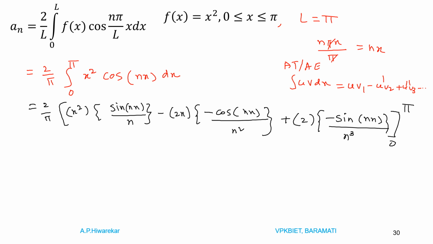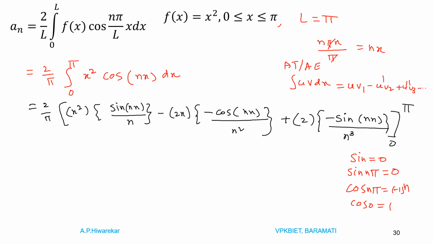Okay. Now further, sine 0 is 0, sine of n pi when n is a natural number is 0, then cos of n pi is minus 1 power n, cos 0 is 1.